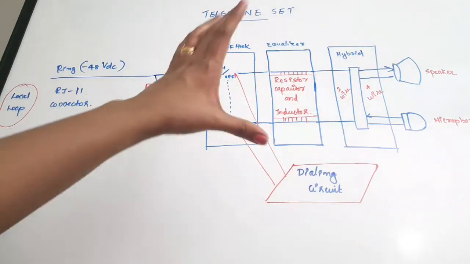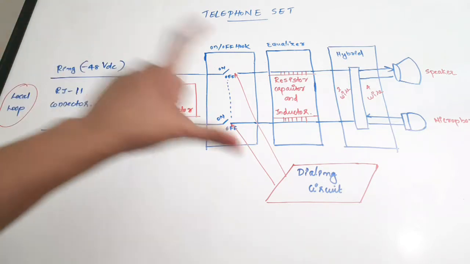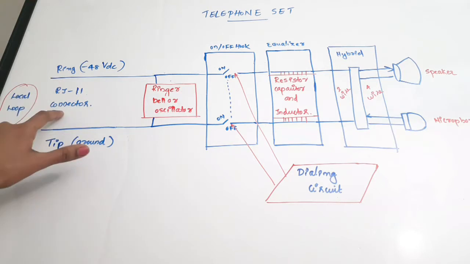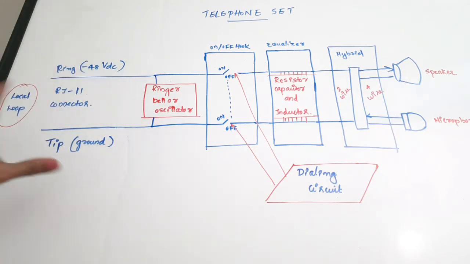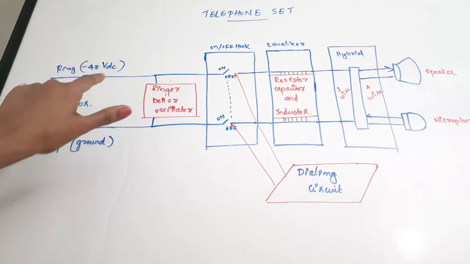Through these wires only, the calls are received or sent. The transmission and reception of calls happen through this pair of wires. These wires are actually connected to the local telephone office, a remote telephone office, and the connection is established with the help of an RJ11 connector.